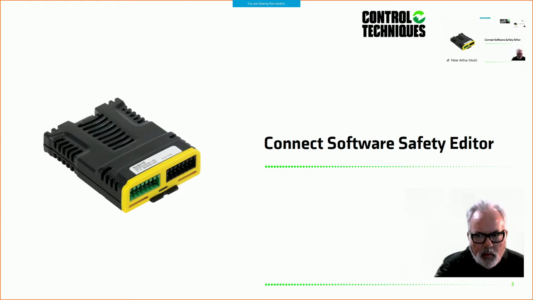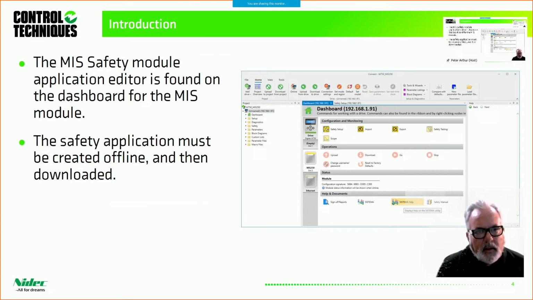So, the Connect Software Safety Editor. The dashboard for the safety module is found in Connect Software, as you can see here. And this is where all of the programming of the MIS 250 or 210 module is done right here directly in Connect.